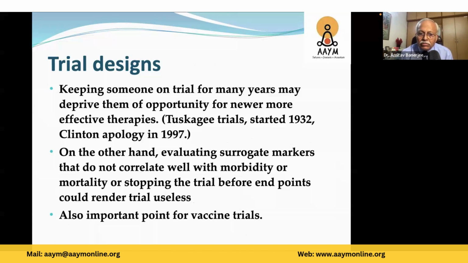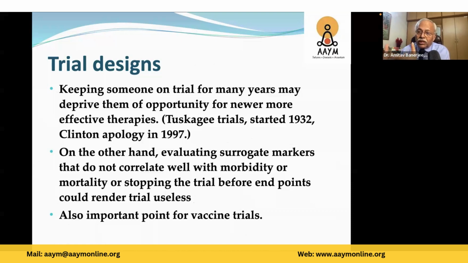On the other hand, there are other trial designs which are not very ethical. I mean, not exactly, we cannot call it unethical because of the limitations of sometimes knowledge, sometimes information, sometimes technology. Like many times, we evaluate surrogate markers instead of the endpoint, because the endpoint may be difficult to measure.